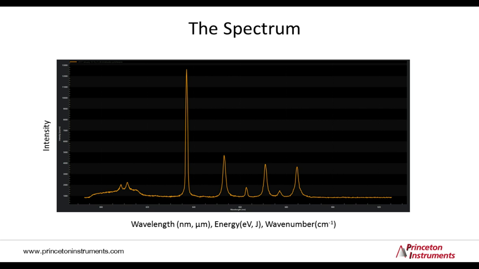So what we observe as output is a spectrum. A spectrum has on its x-axis the wavelength or energy that is being detected, and on the y-axis is some form of intensity, typically something proportional to the number of photons at this wavelength that hit the detector.